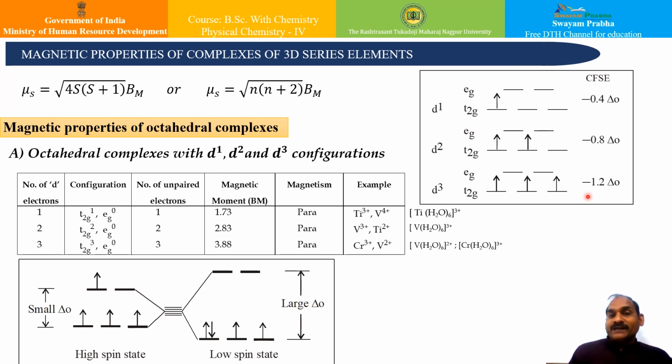That means it depends on the number of unpaired electrons. On the contrary, if the number of unpaired electrons is more, it is said to be a high spin complex.